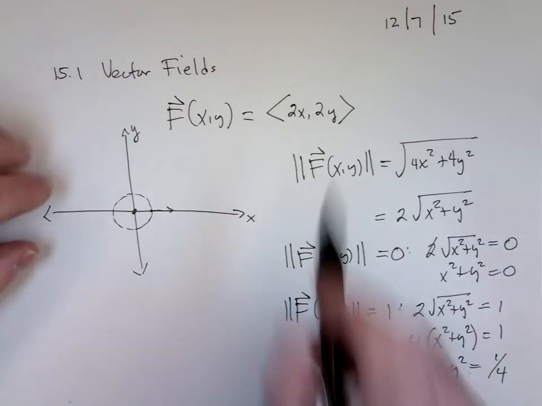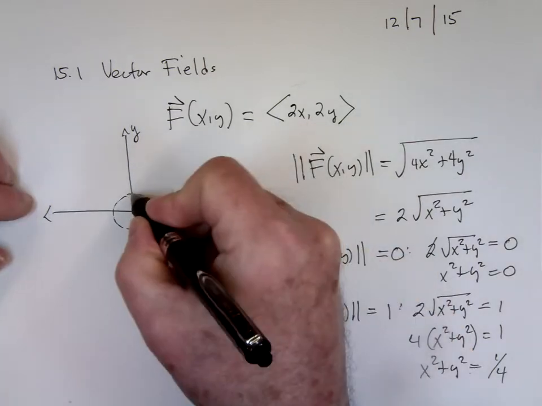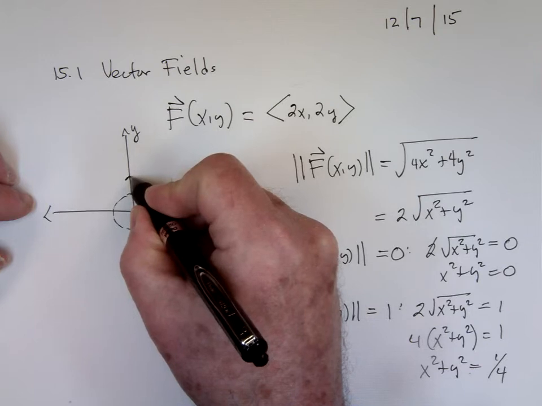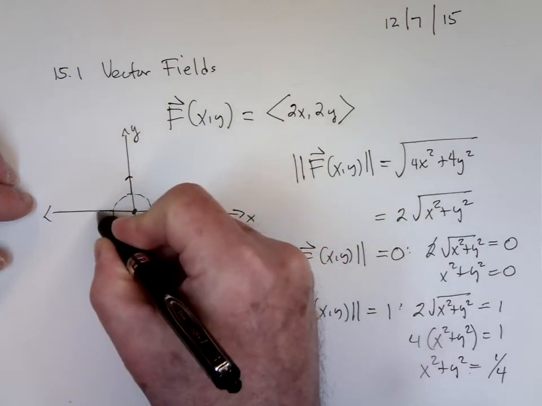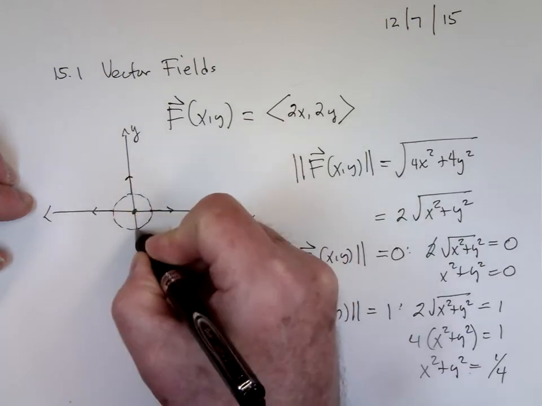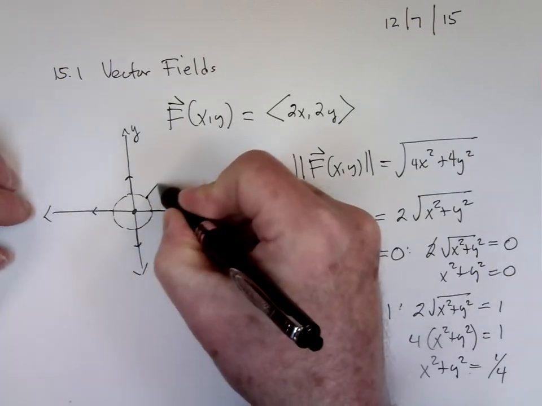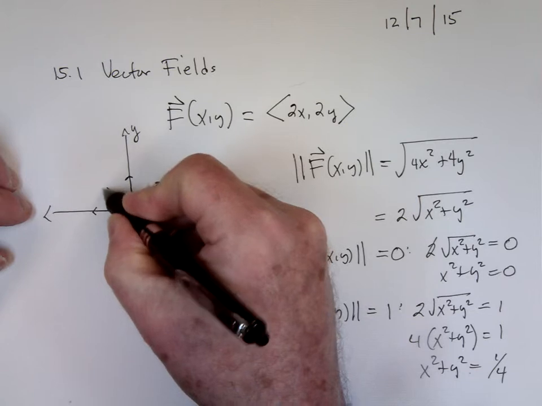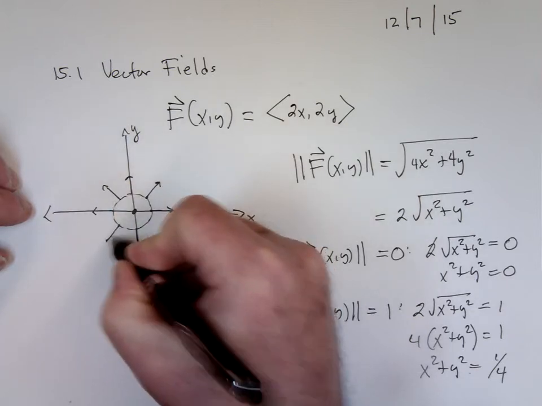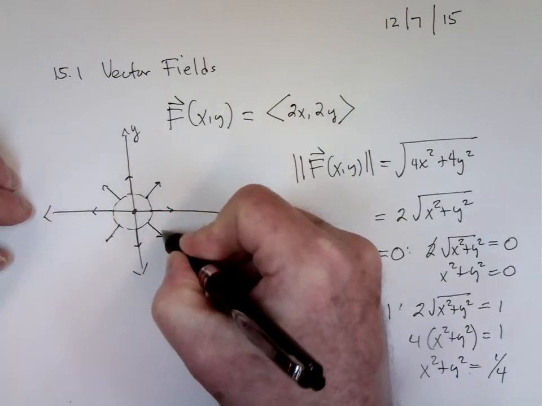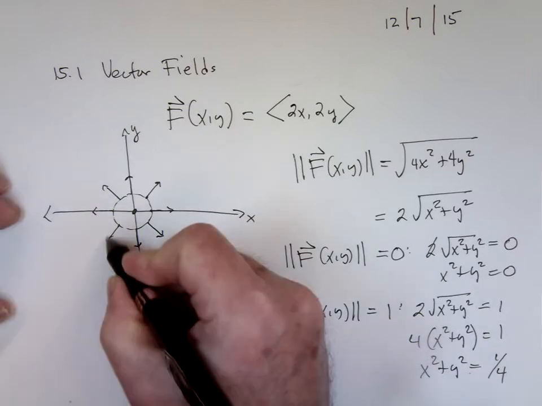That's another vector here. (0, 1/2) would be this vector. Then you would have this vector, and then you would have this vector. And actually at this point you'd have this vector. All these vectors have length 1.